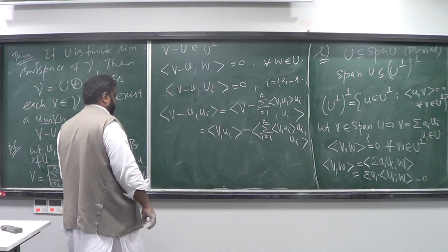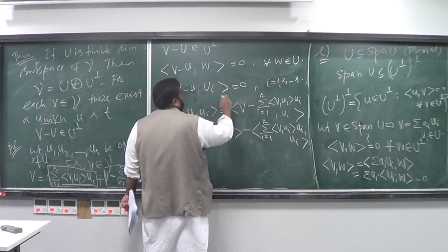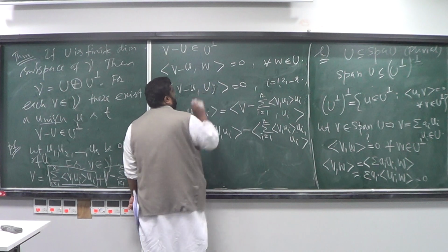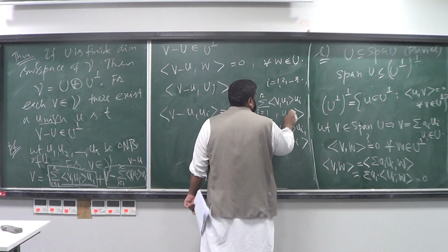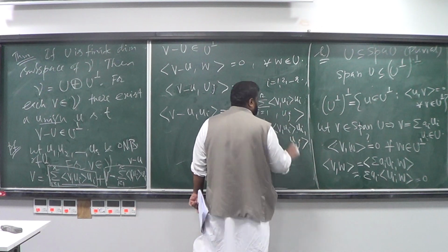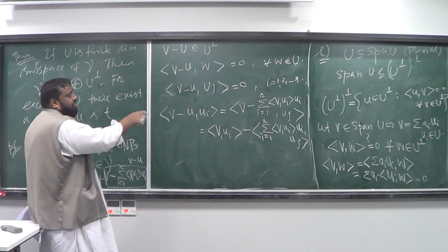By the way, if I am using index i for the sum, let's call this vector u_j rather than u_i, because it would be confusing if I use i for both indices.